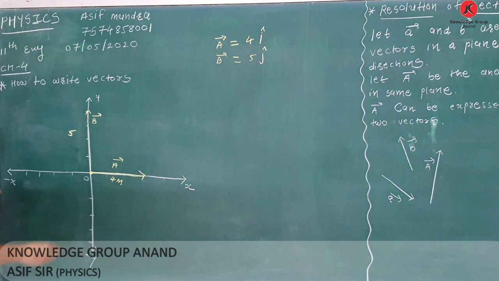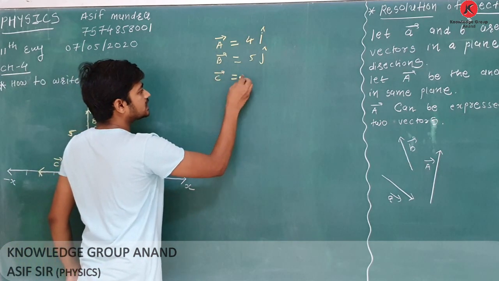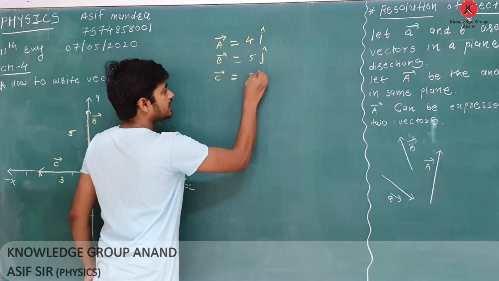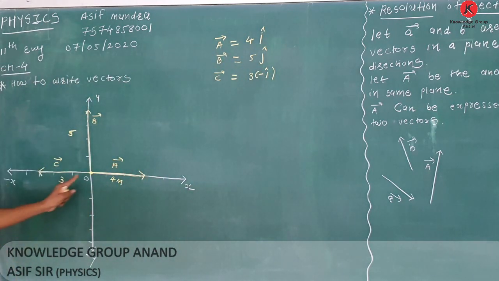If I have another vector C in this direction, let this distance be 3 meter. Then how to represent this vector C? C is equal to 3 minus i cap. Why minus i cap? Because it is in the negative x direction.